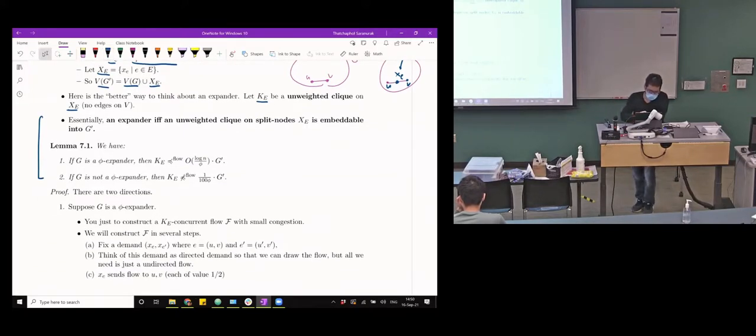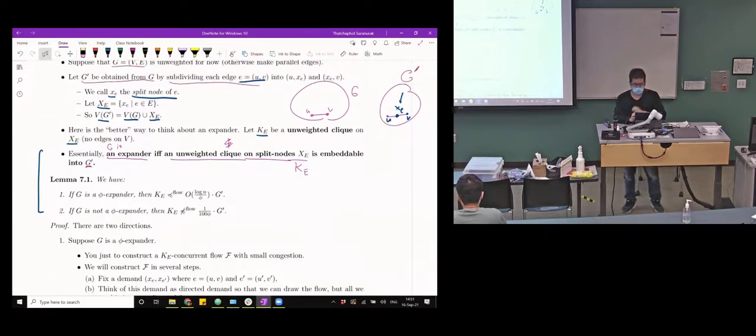What we're going to show is that a graph G is an expander if and only if you can embed the unweighted clique on split nodes. That is, you can embed the KE into the graph after you split the edges.